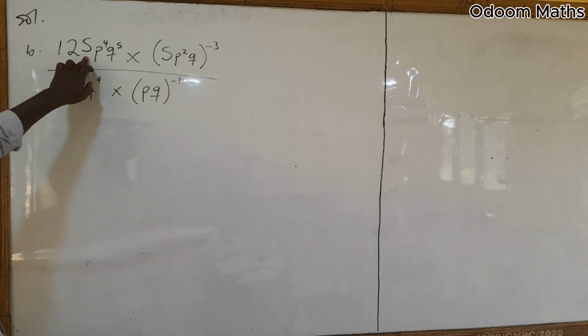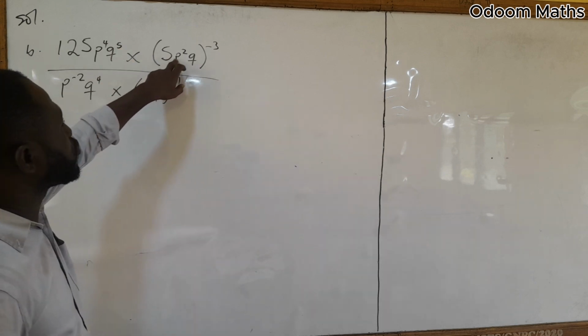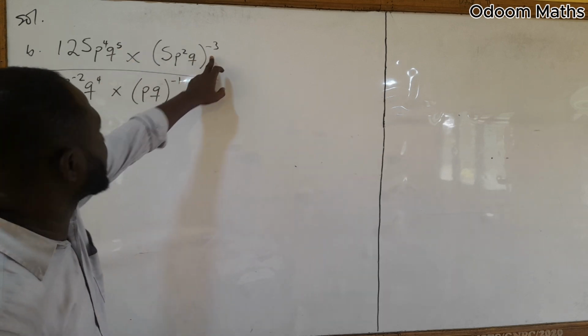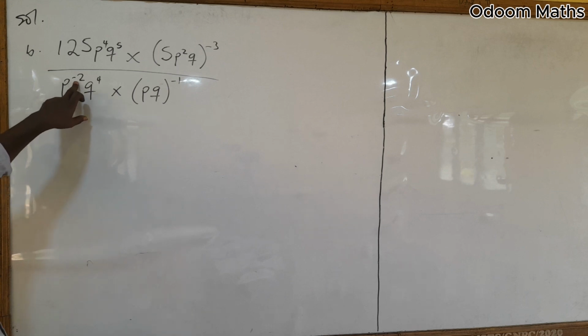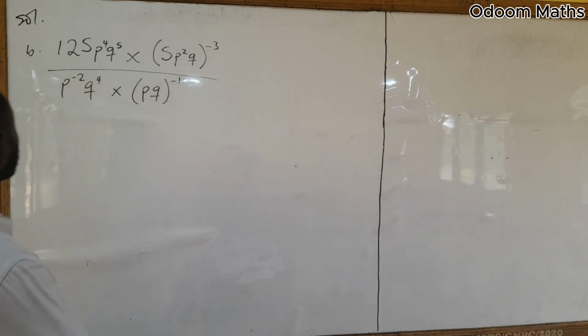That is 125p^4 q^5 times (5p²q) all to the power negative 3, divided by p^-2 q^4 times (pq) all to the negative 1. Now let's see.